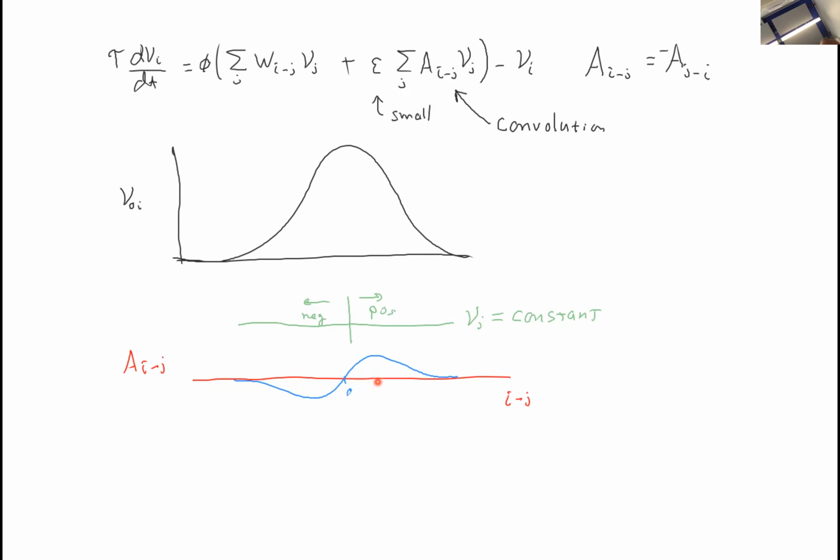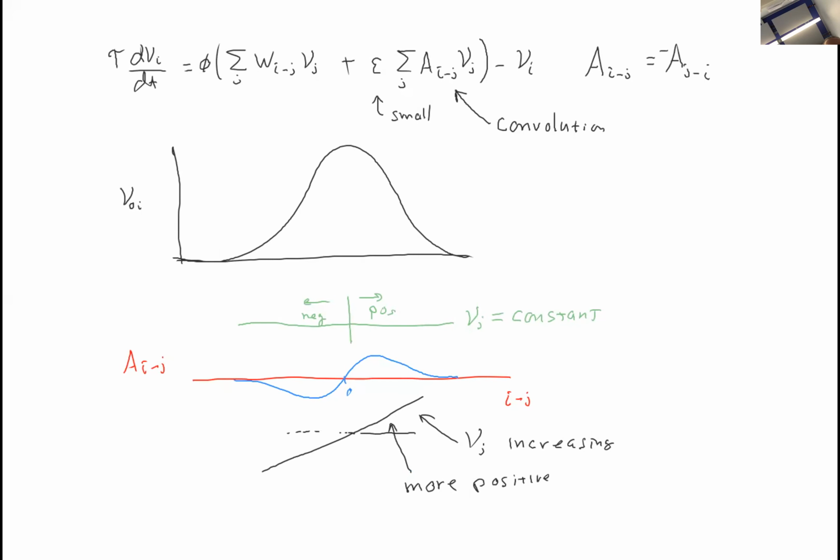Okay, now let's take nu j increasing. I'll use black. I'll do it down here. So nu j increasing, you can kind of guess what's going to happen, right? So this is nu j increasing. Okay. And now this sum is positive on this side. It's more positive, right?